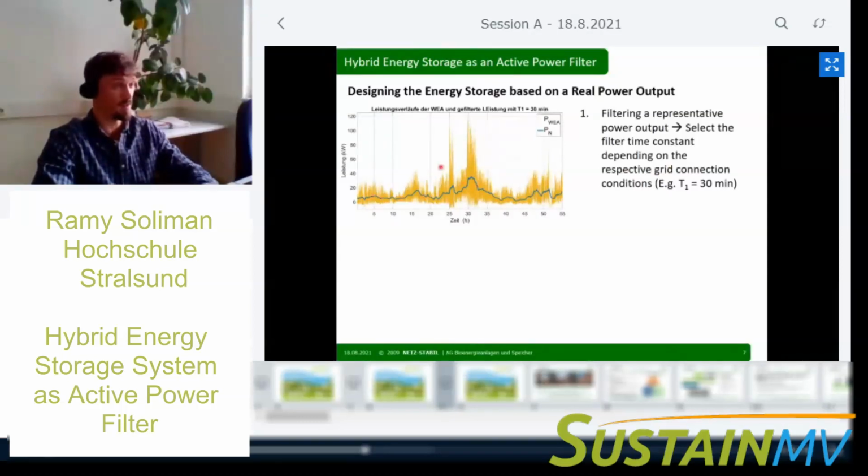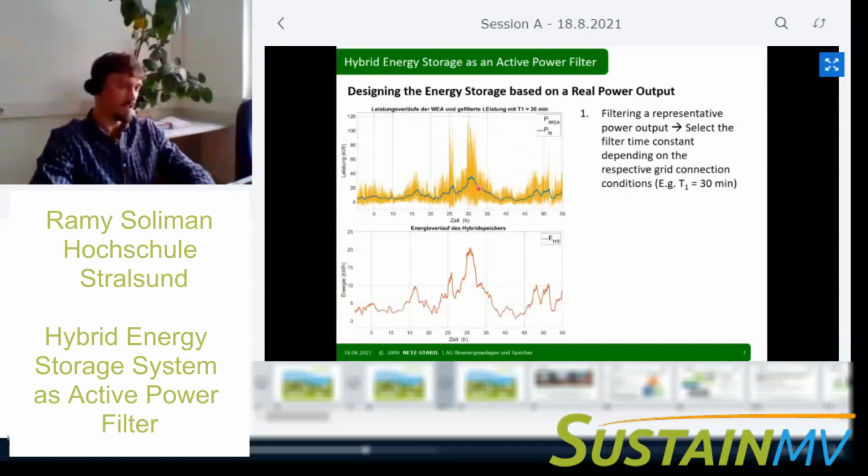And now in the next step, you just need to integrate the difference between the blue and the yellow curve, and then you get the capacity you would need to provide this power flow.